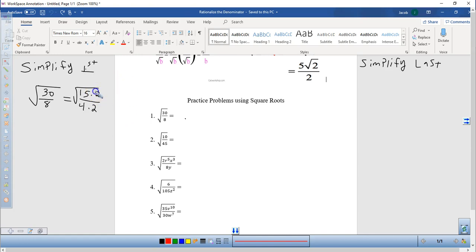Notice right here, I have a 2 in both of these. Therefore, they can cancel out, leaving me the square root of 15 and the square root of 4. And we know that the square root of 4 is 2. So really what I have here is the square root of 15 over 2.